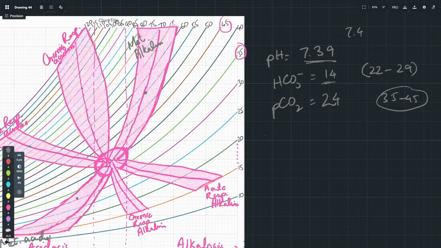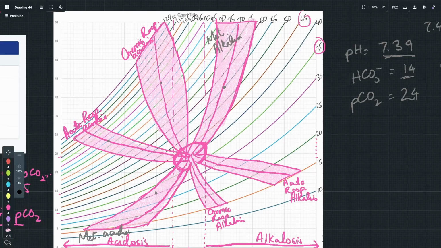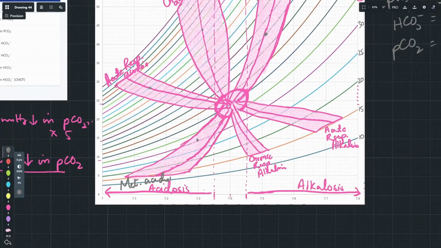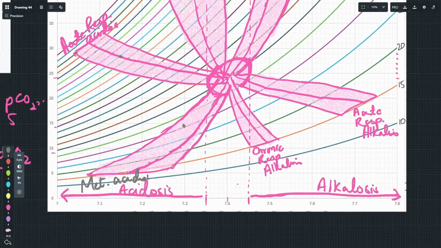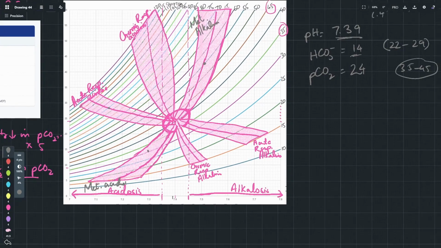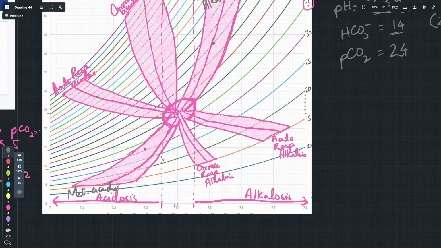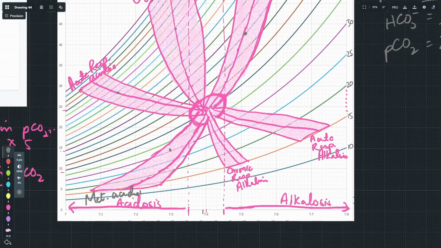So actually, to really understand this, we can mark it here on this. So it's 7.39, which would be here. And then what is the other one? It is HCO3, which is 14. Actually, just from these two, we can plot this.